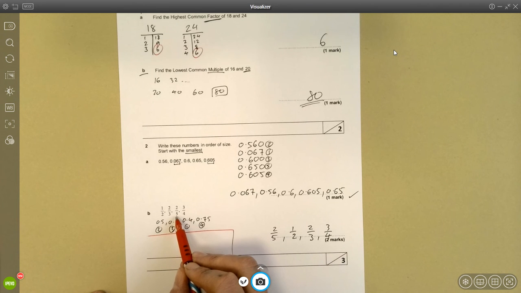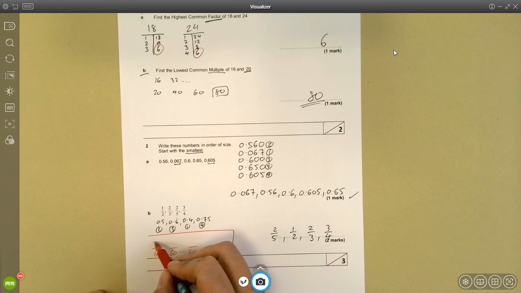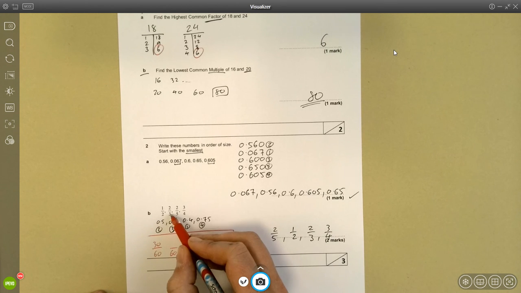So we're going to have 30 times by 2 again, so 60. Will they all go into 60? So let's pick 60 and see if that works here and turn them all into something out of 60. So to get a half, well, that's going to be 30 out of 60. Here we're going to have to multiply through by 20.